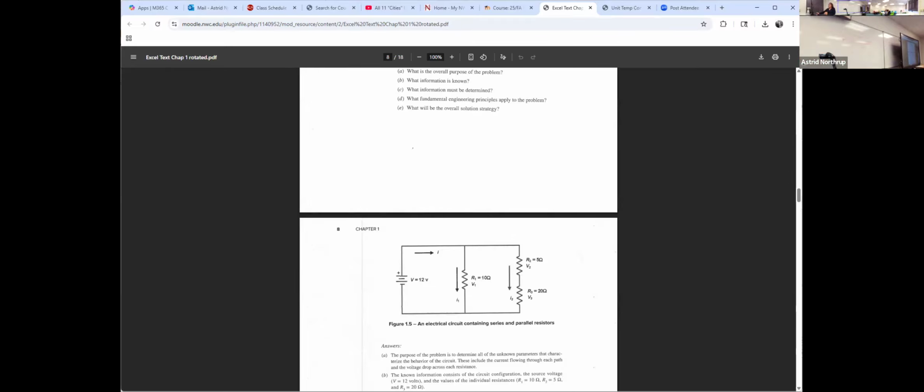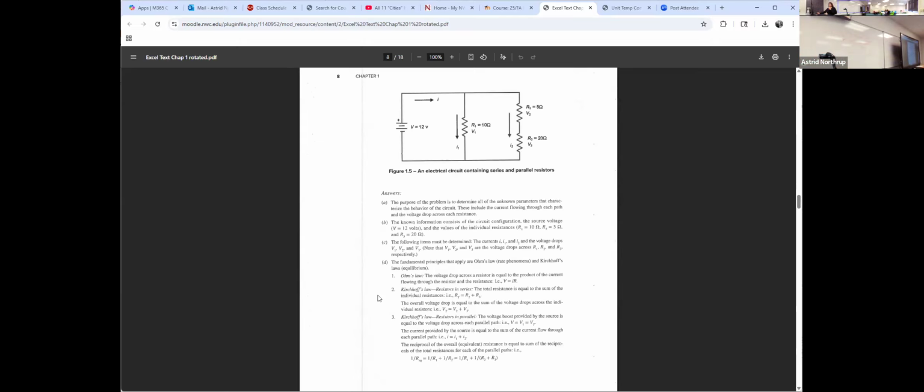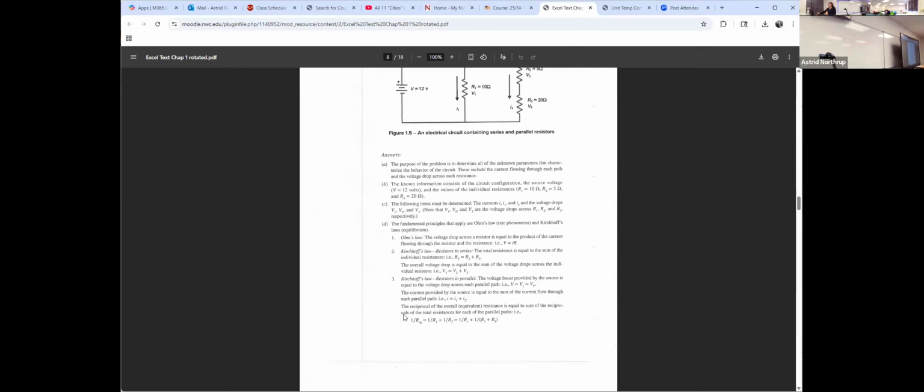But anyway, we're going to be using Excel. For those of you who've used Excel in the past, we're going to jump right into problem solving with Excel. Excel is great for just adding up columns of numbers. It's also great for a lot of other things that are much more advanced. For our work together, and all of this will be posted on our Moodle page, we can see that we have Ohm's law, V equals IR, and Kirchhoff's law, which tells us about resistance and voltage and also current right here.